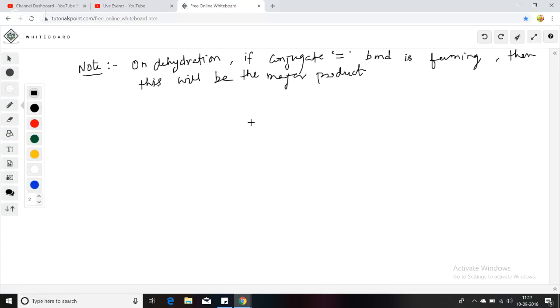Now you see some examples. Suppose I write down this molecule: we have a ring over here, and then CH2, CH, OH, CH, CH3, and CH.